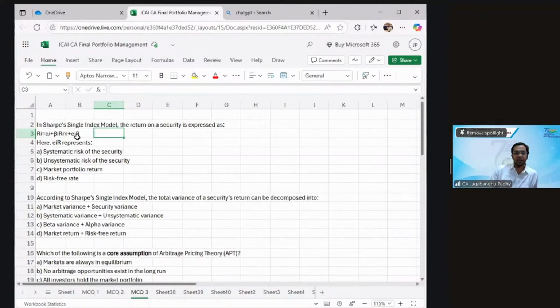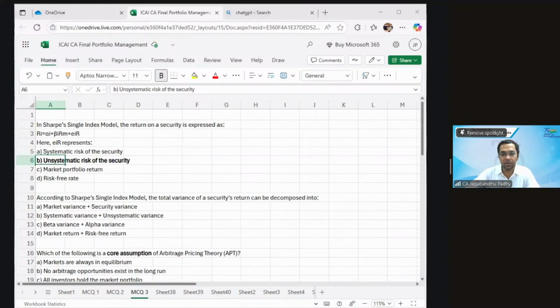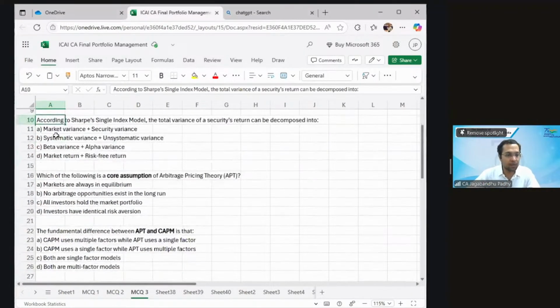Systematic risk, unsystematic risk, market portfolio return, or the risk-free rate? Of course, it is the unsystematic risk, guys. It's simply the unsystematic risk because that error term is the difference between your estimated and actual return. So the difference that we observe is due to the unsystematic risk.